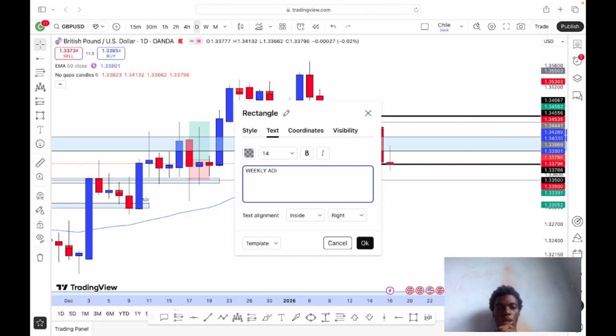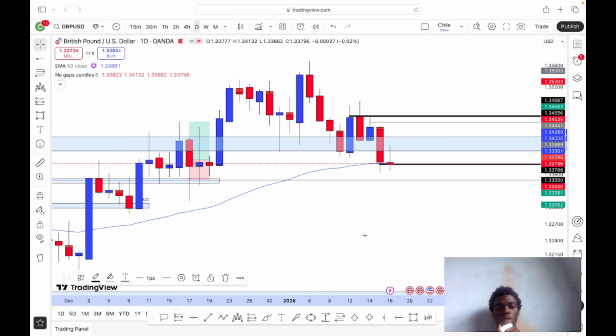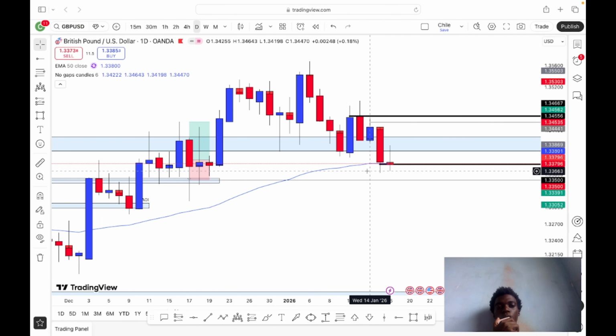So let me just type it out. Slash daily area of interest. So what a coincidence, we have the weekly area of interest as a daily area of interest.